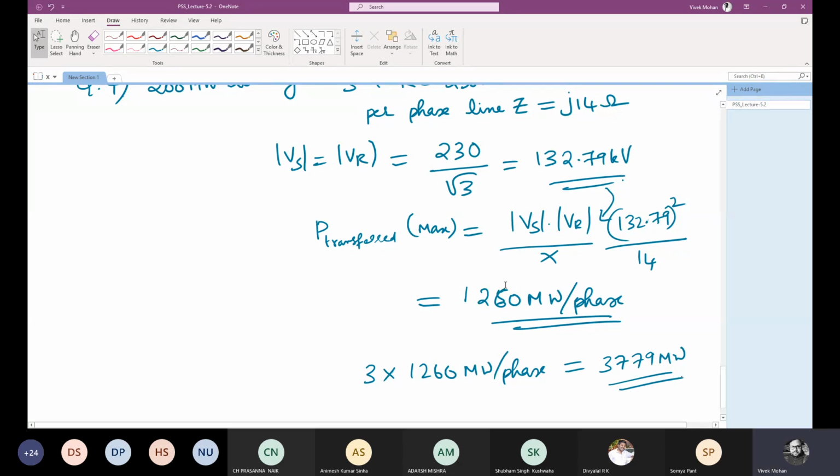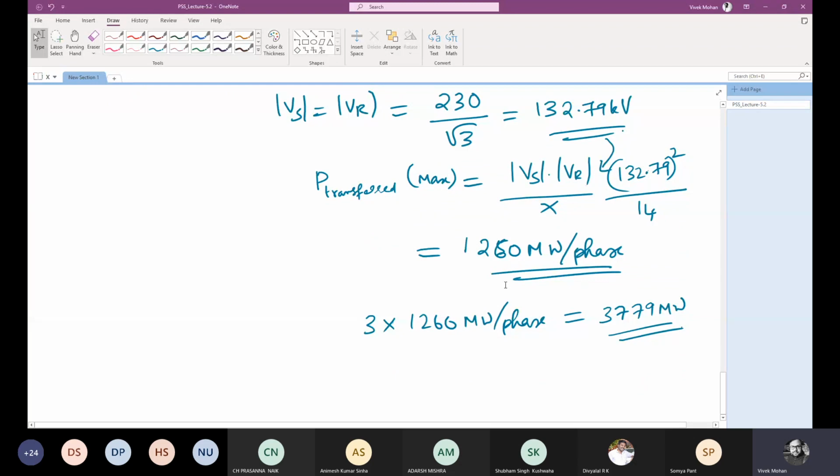Okay. Now, from the next lecture onwards, we'll start with equal area criteria. So I'll post it.